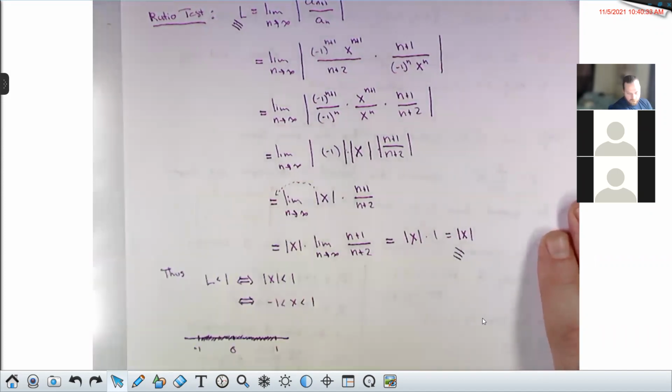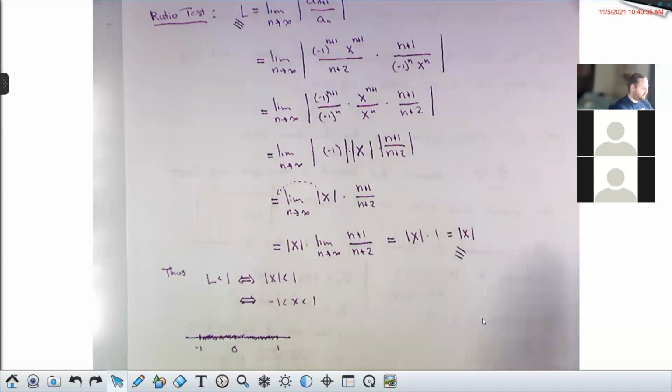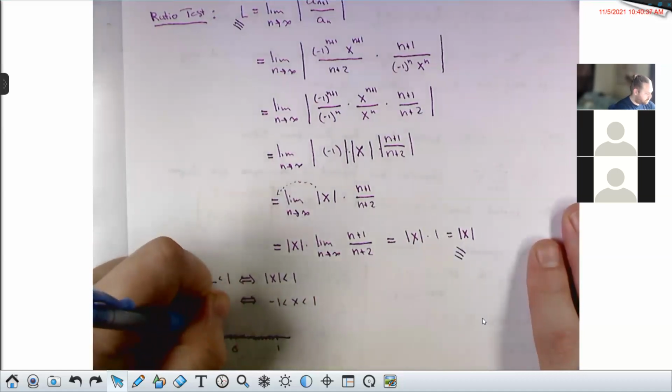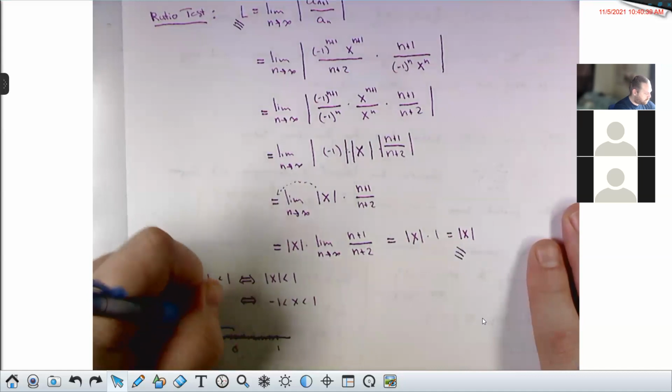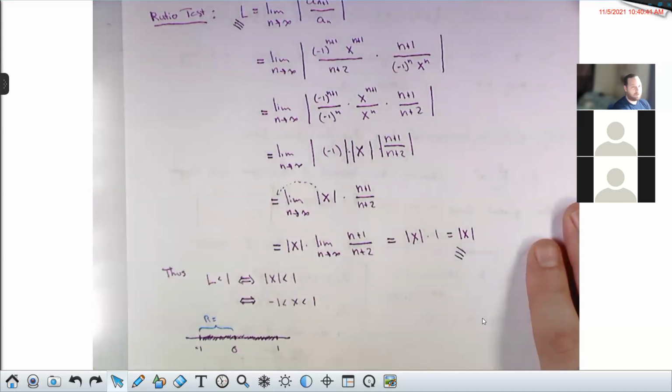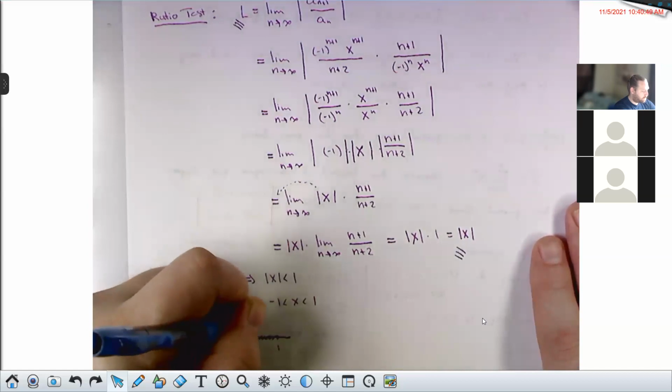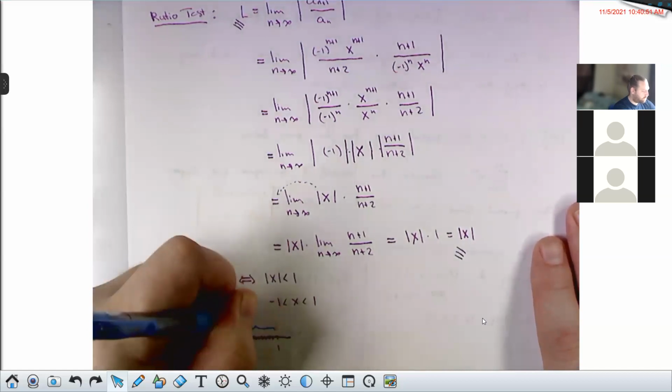So what is my radius of convergence? What is this distance? Same as this distance.